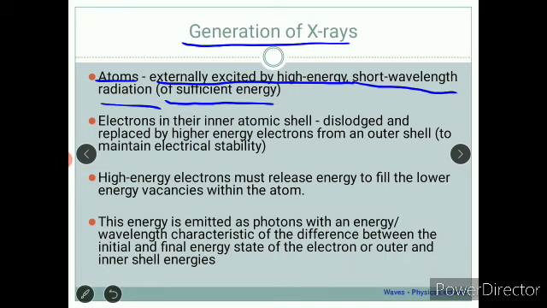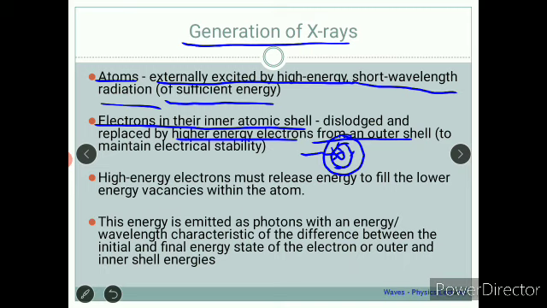Now the electrons are in the inner atomic shell. If we consider our system, we have the nucleus and the shells outside it, and there are electrons present, revolving around it. These electrons are getting knocked out by rays which are coming in, and they are dislodged. They are then replaced by high energy electrons from the outer shell. Now, in order to maintain the conservation of energy, some kind of radiation must come out of it, which is nothing but the X-rays.